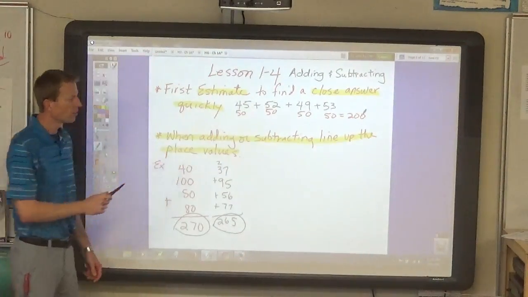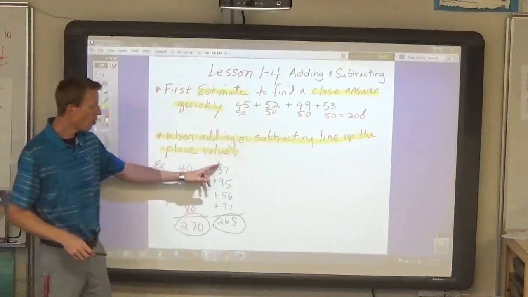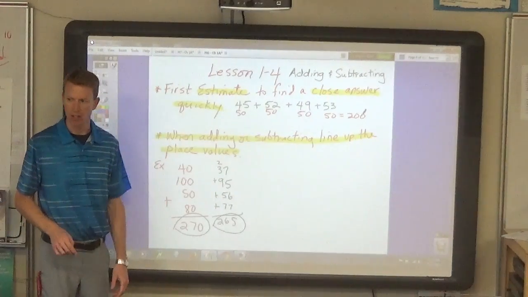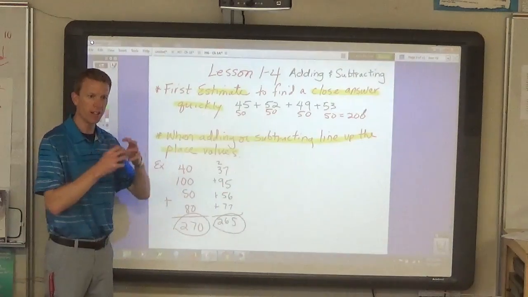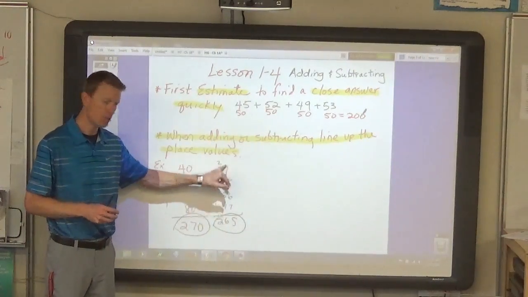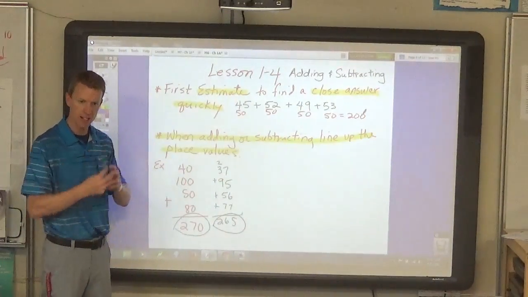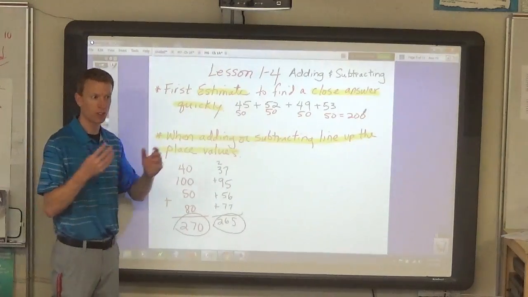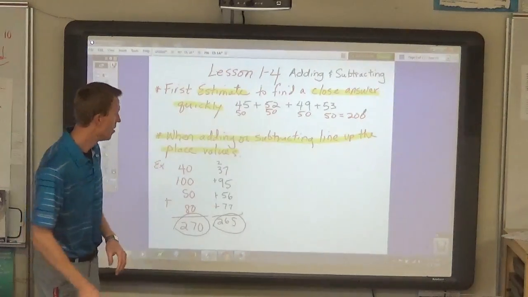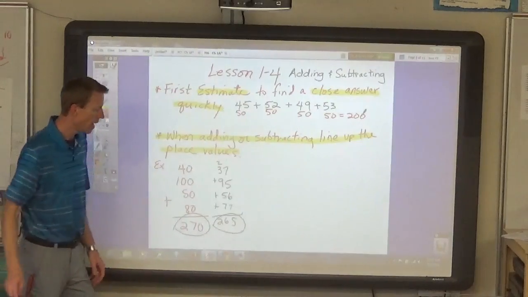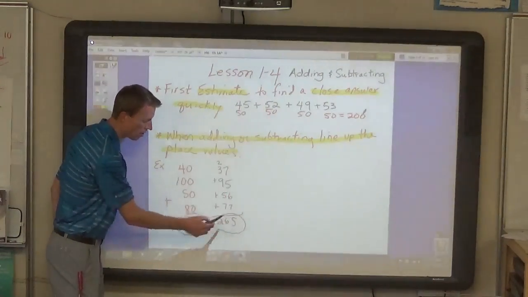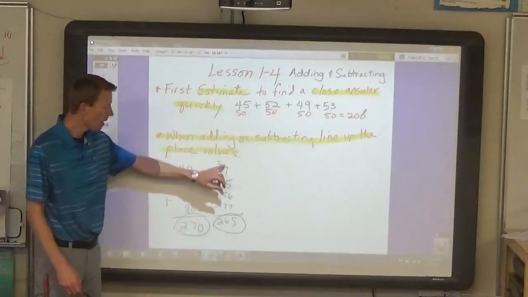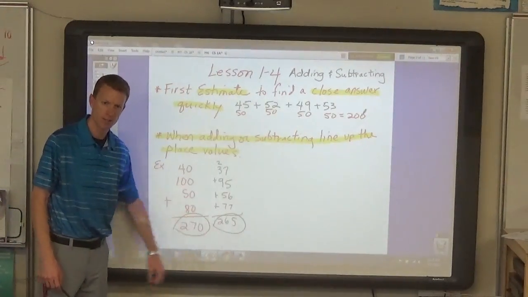Now, when you're adding or subtracting, you should always line up the place values. Okay? We have to add ones, the ones place, to other ones. We have to add the tens to other tens in order to know how many tens there are. So with all of these numbers, you have to line them up so that the ones are lined up, the tens are lined up, and then add the columns.